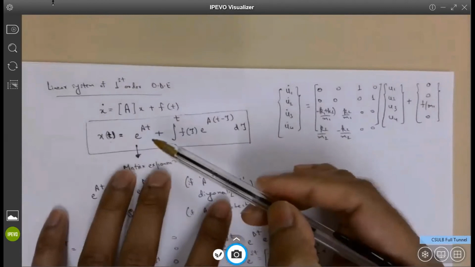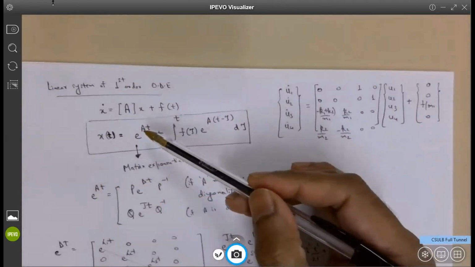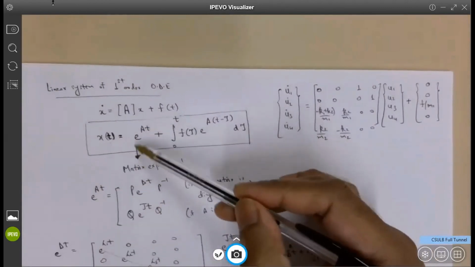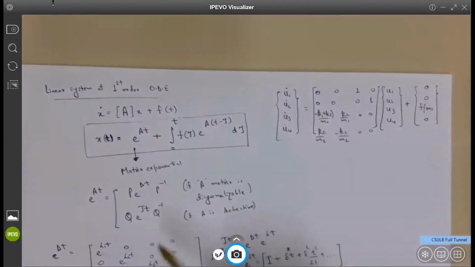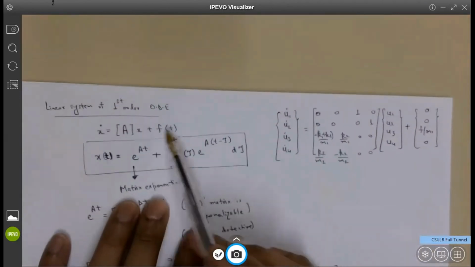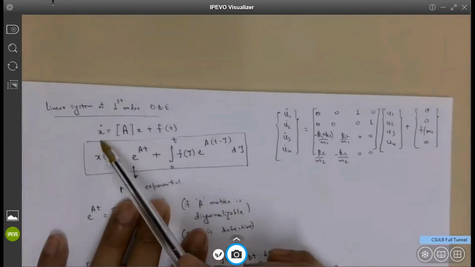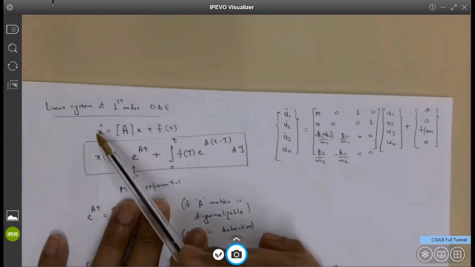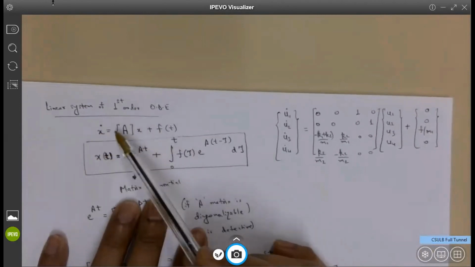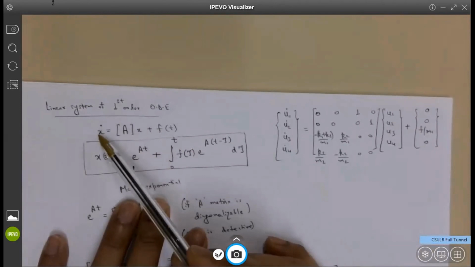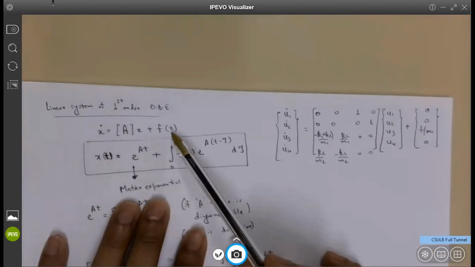Before I tell you exactly what the matrix exponential is and how to calculate it, I'm recapping what we have discussed. If we have a linear system of first order differential equations, where x dot is the first derivative of the variable, then this is a linear system of equations.